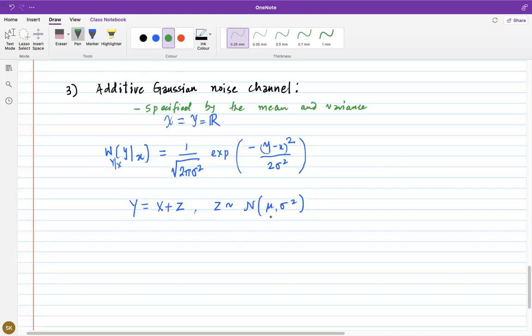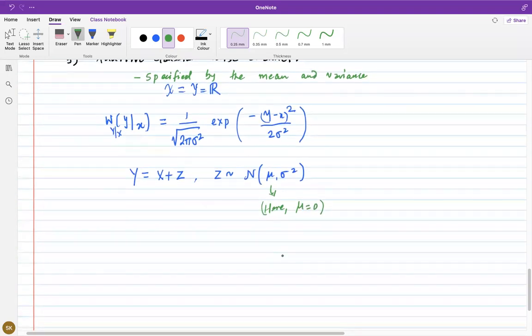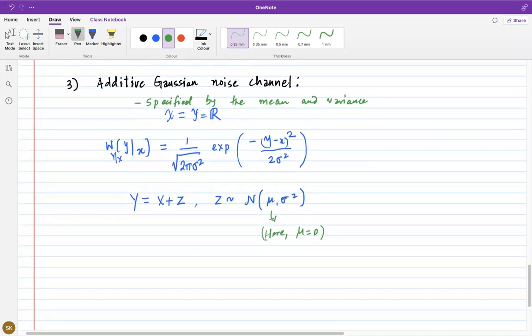For our case here, we are taking its mu to be 0. Of course, these two parameters have to be specified when you say that your input is getting passed through an additive Gaussian noise channel.